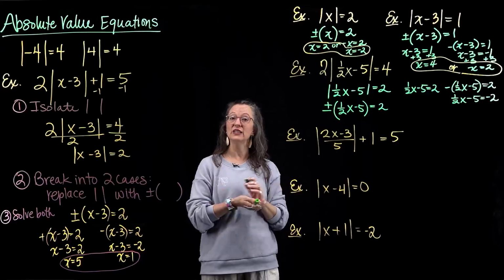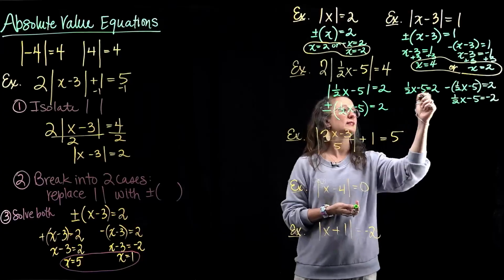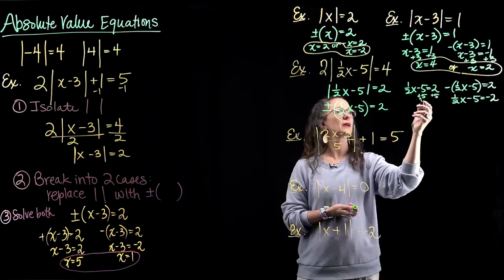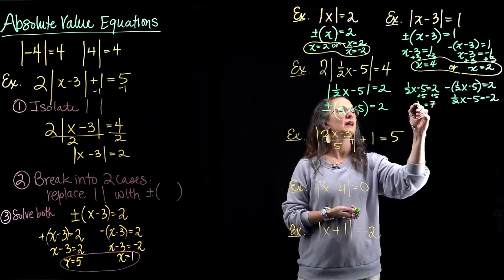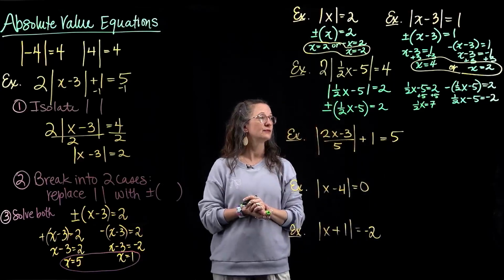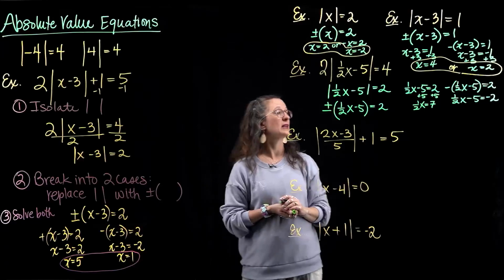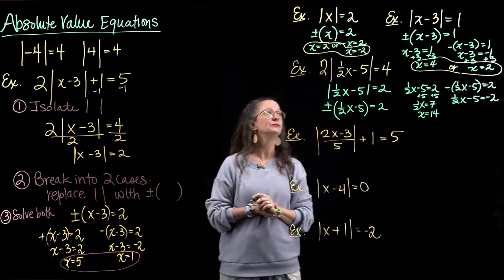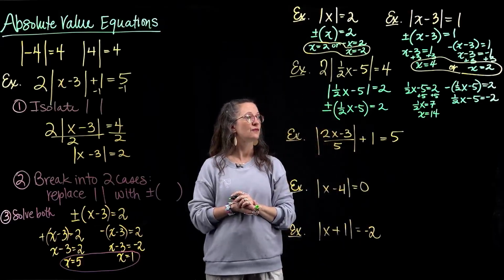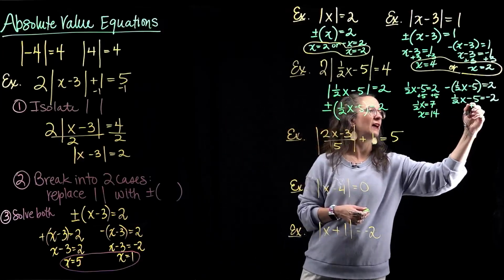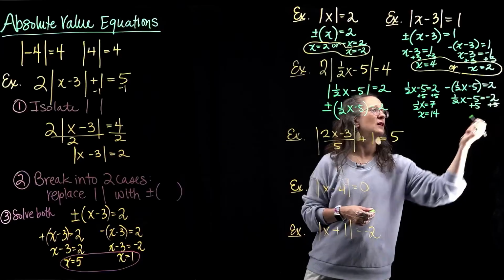All right, let's solve each of these. I'm going to add 5 to both sides on that first one. So 2 plus 5 is 7, and I get 1/2 x is equal to 7. Multiplying both sides by 2, x is equal to 14. Now let's work on that other equation. Again, I'm going to add 5 to both sides.